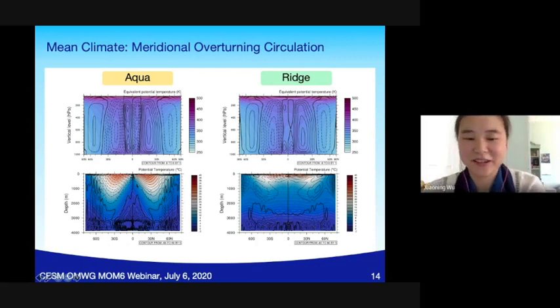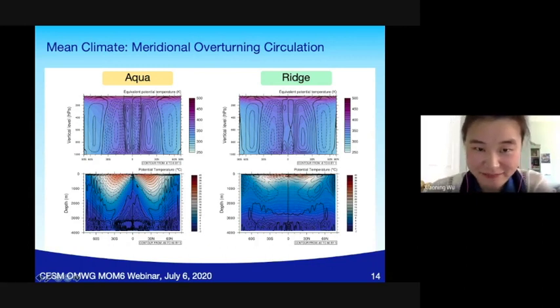Now, for the ocean side, the thermal stratification and the meridional overturning on Aqua look pretty un-Earth-like, in that we get a really deep thermocline in the subtropics.